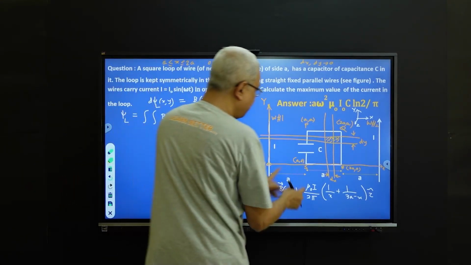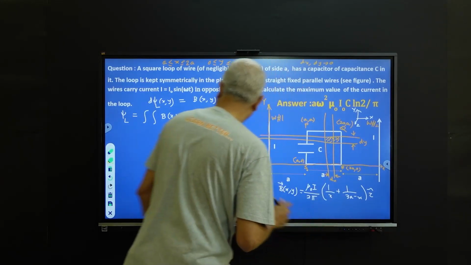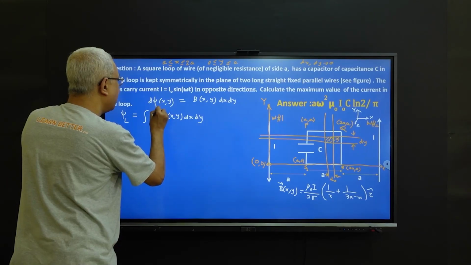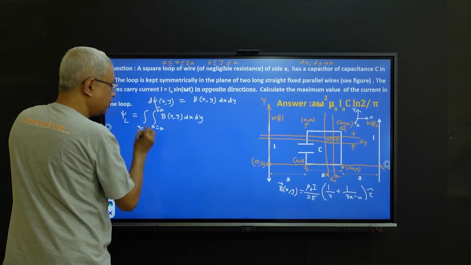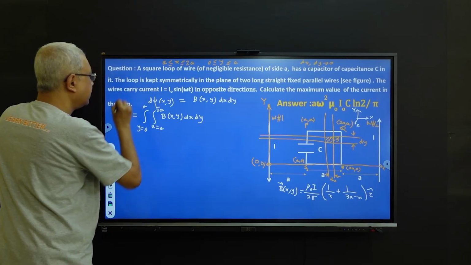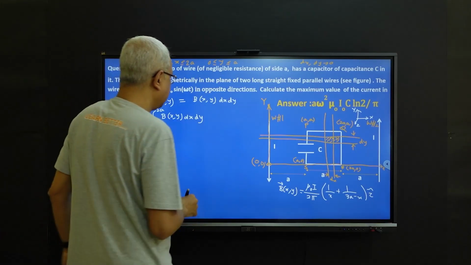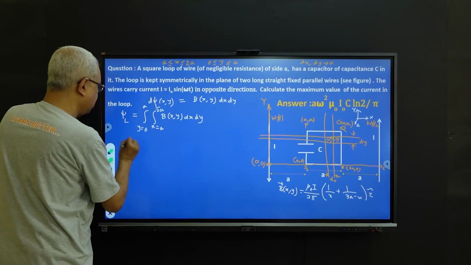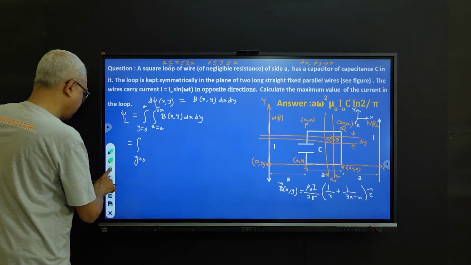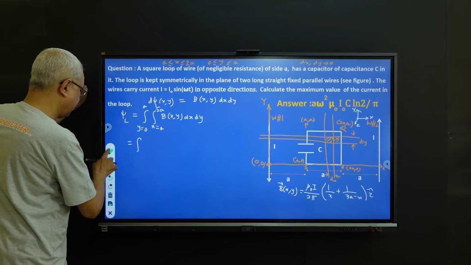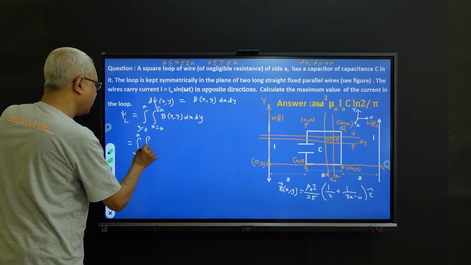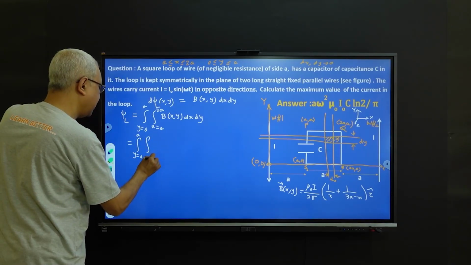For the entire loop, x varies from a to 2a, whereas y varies from 0 to a.